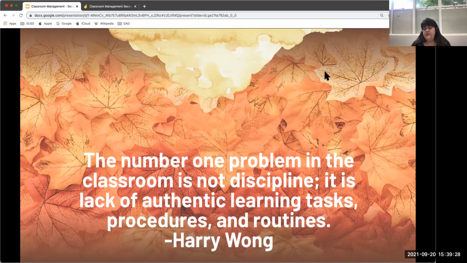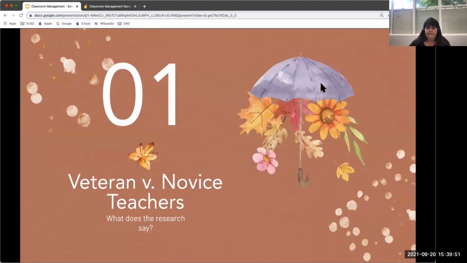I strongly believe that student engagement is going to be the biggest tool to combat problems in your classroom. So it really starts there. And then the second, very close second, would be relationships with your students. If you get those two things going, your classroom management and discipline issues are going to be greatly reduced.